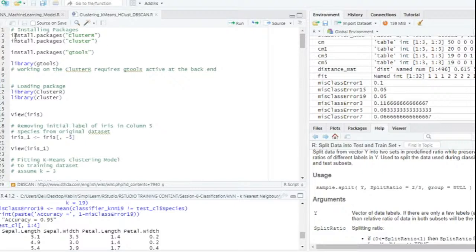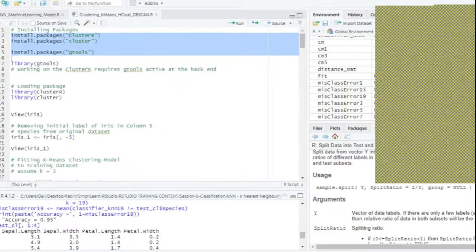I'll share the names of these 3 packages: cluster with a capital C and small c, and GTools. GTools works at the back end, and it is required for the working of the cluster packages.